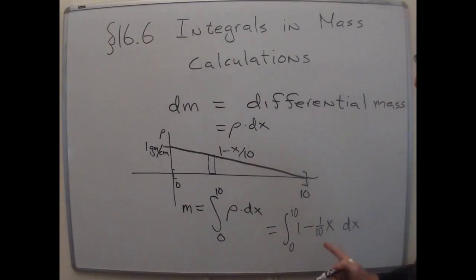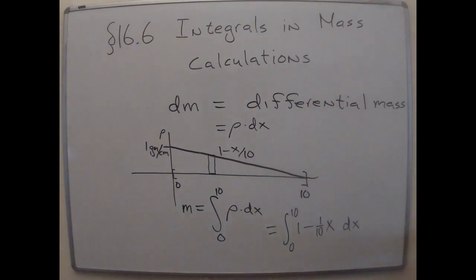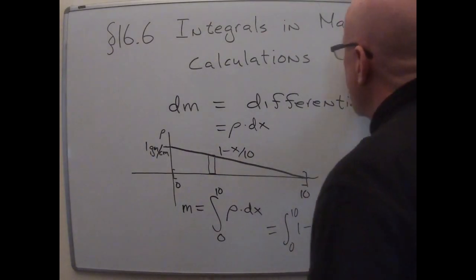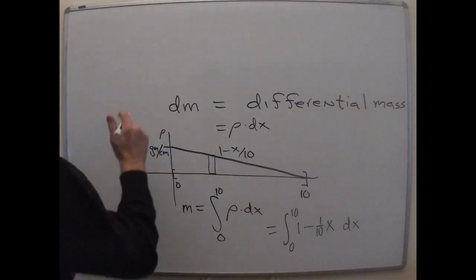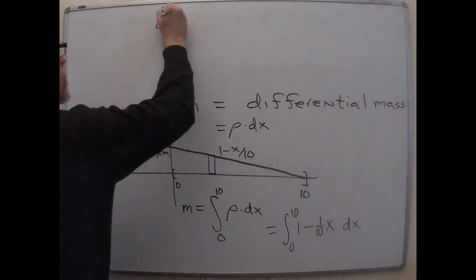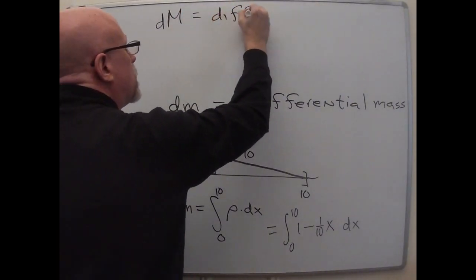If I wanted to find the moment of all these little differential chunks of mass, that would be the differential moment I'm looking at, which I would probably call dM. Let's think about what dM would be. Differential moment.